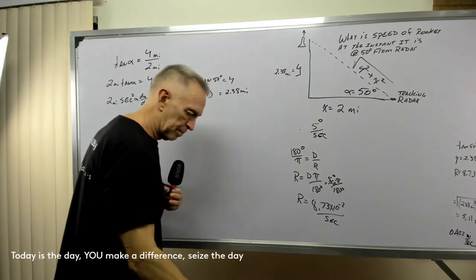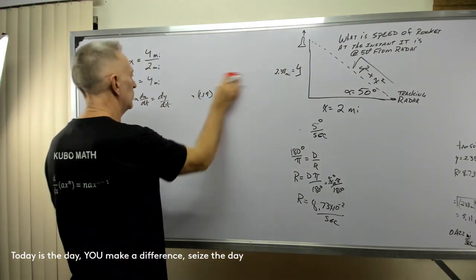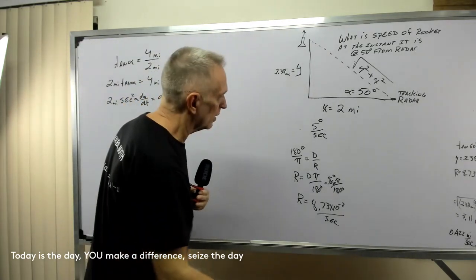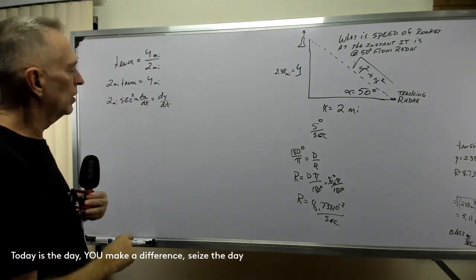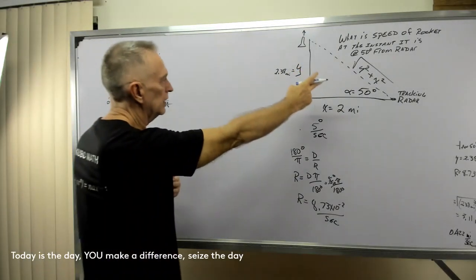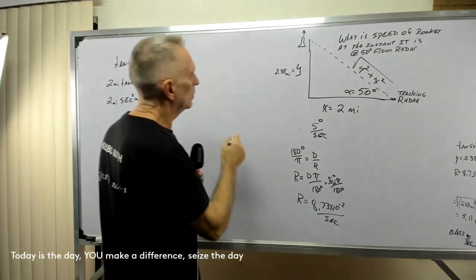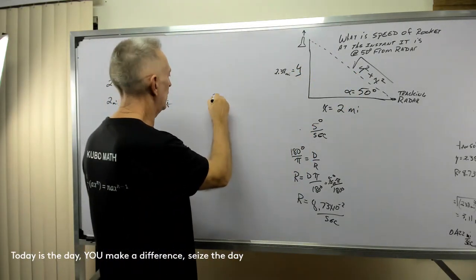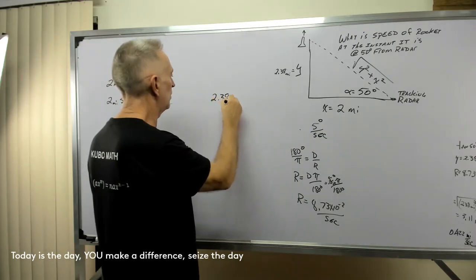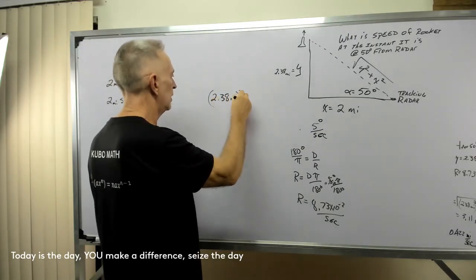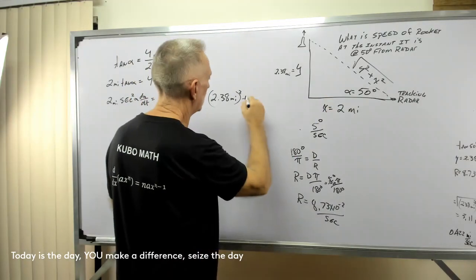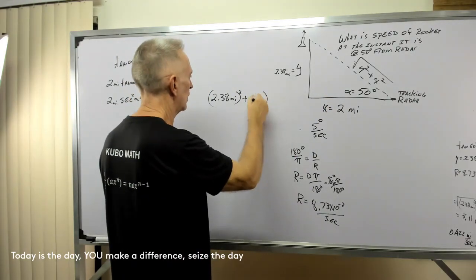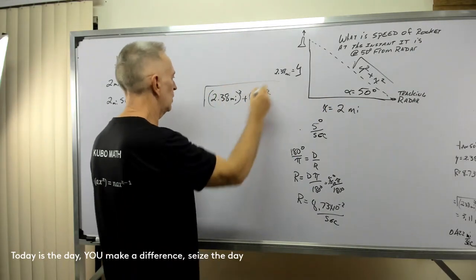Okay. All right, keep my little spot clean here for work. Okay, we're slowly getting there. Now, let's go ahead and solve for the hypotenuse. So we have 2.38 miles squared plus 2 miles squared, the square root of that.